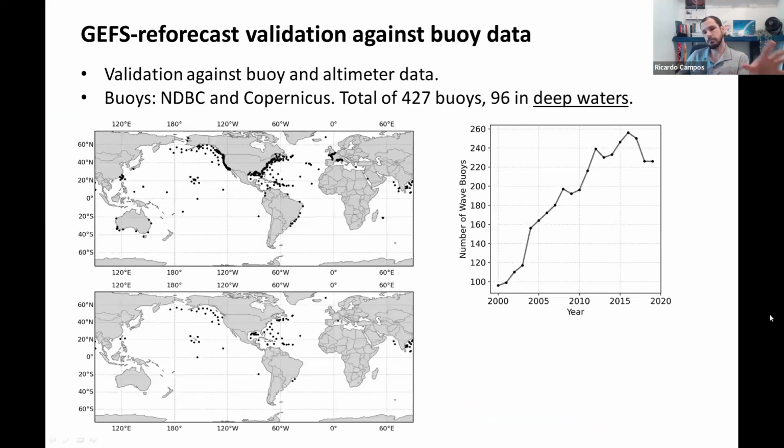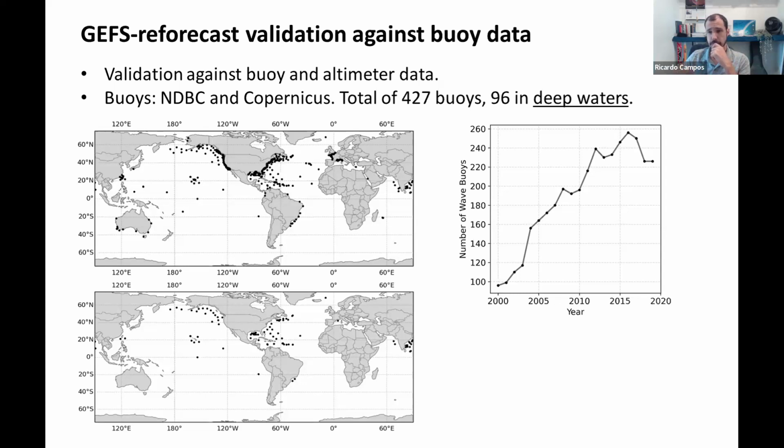Okay, so we generated the reforecast and we moved on to the validation against buoy and altimeter data. We selected 96 buoys in deep water. It's a 1/4 degree resolution product, so it's not exactly the best for coastal waters. So we are focusing on deep waters far from the coast.